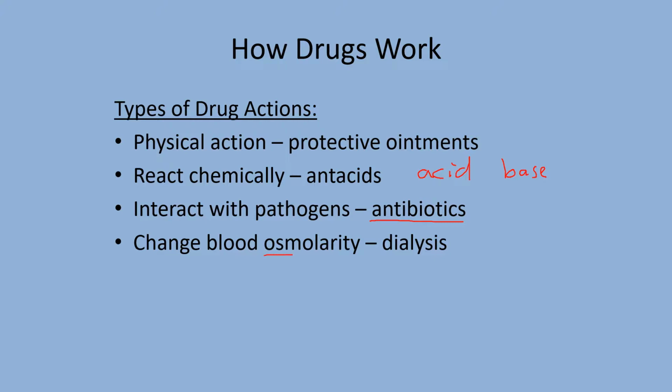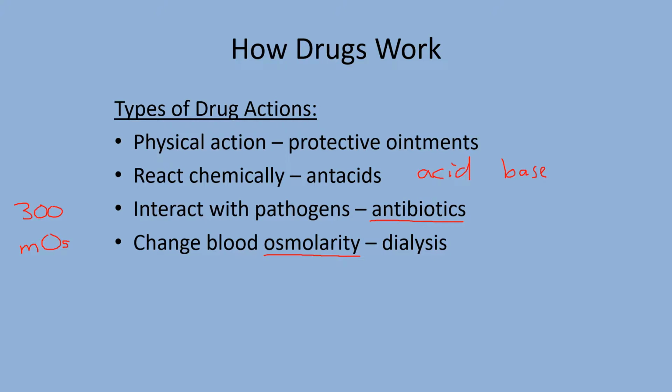What is osmolarity? Have you ever heard of that word? Osmosis. Yes, very good. It measures kind of water pressure based on how much stuff is in it.